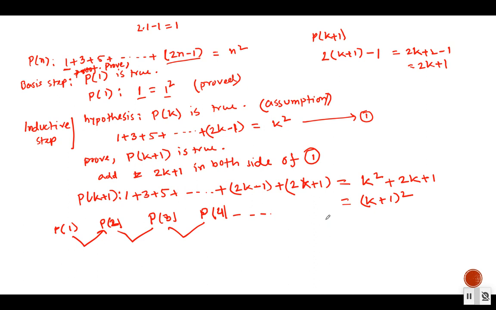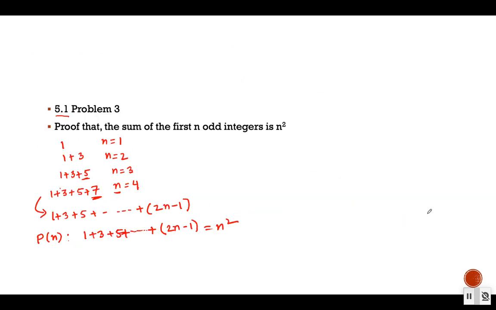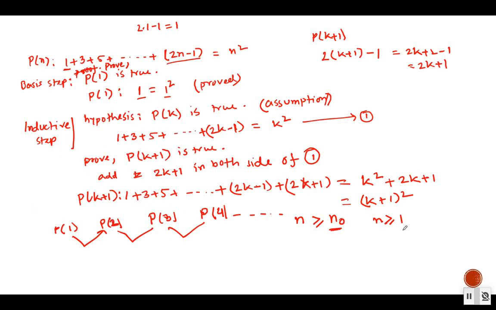And that's how I can prove that it is true for any number n greater than or equal to n naught. Here n naught is actually our 1. So you can see that for the first odd integer, generally we can say that n is greater than or equal to 1. So for any value n greater than or equal to 1, we are trying to prove that.